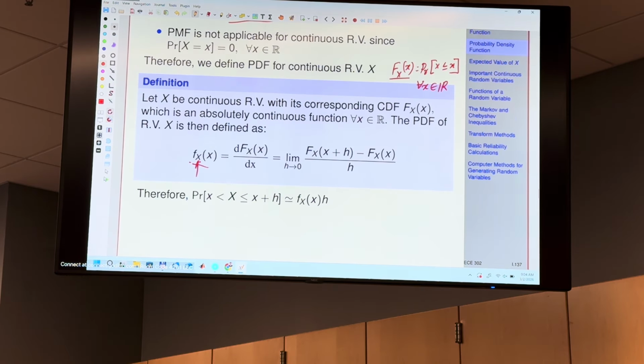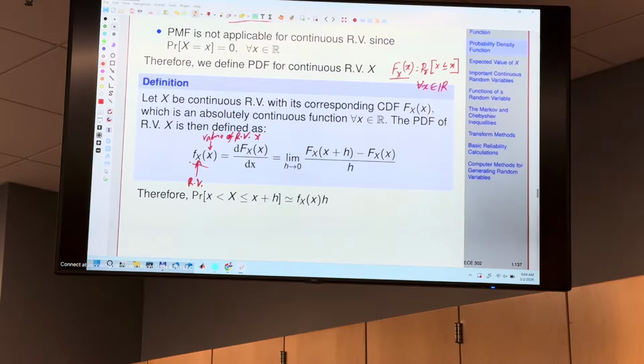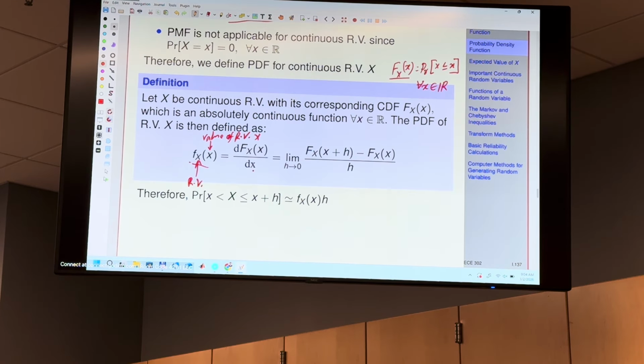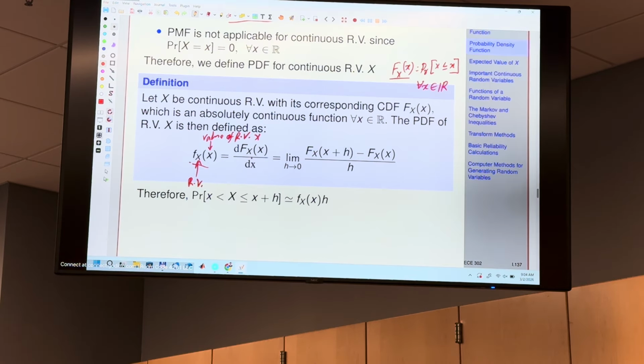This is your random variable, and the random variable takes values represented by the value x. So the PDF is basically the derivative of the CDF with respect to x. And you know from Calc 1 the derivative.